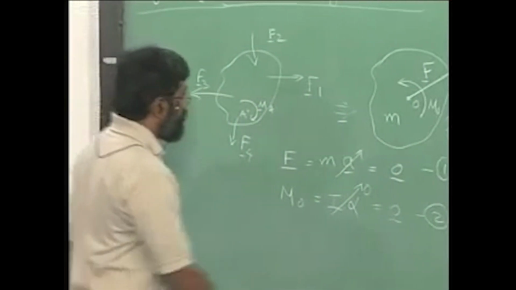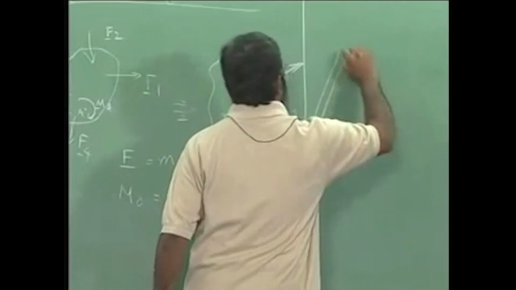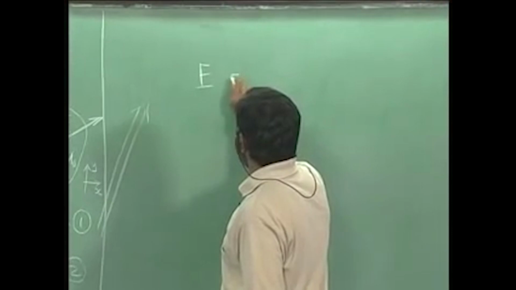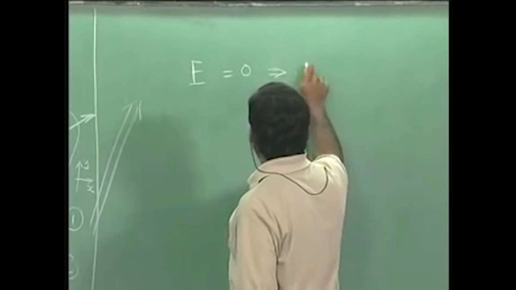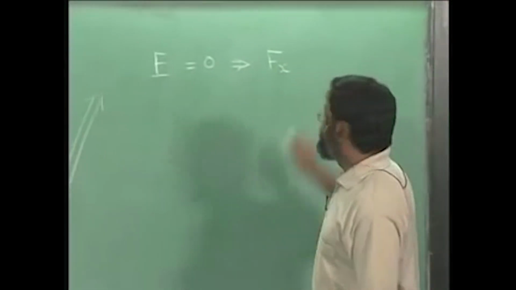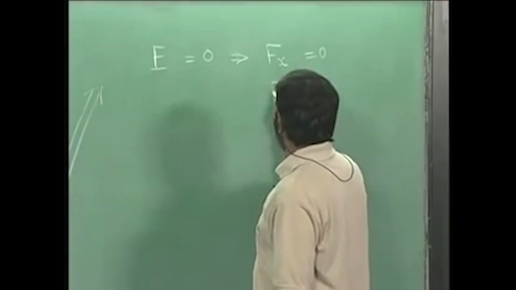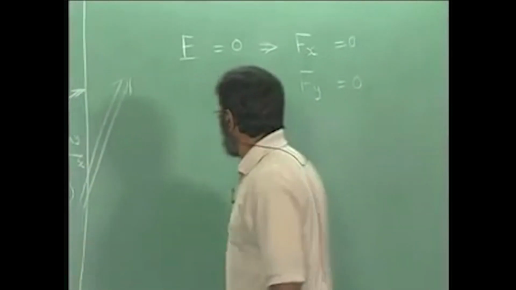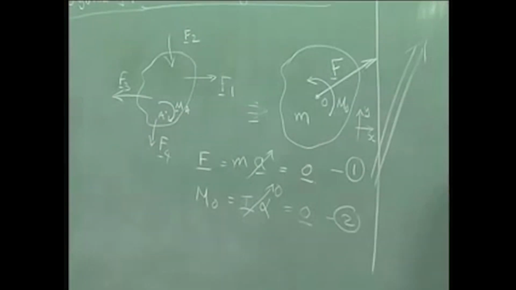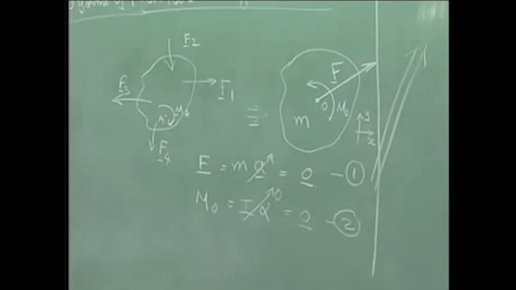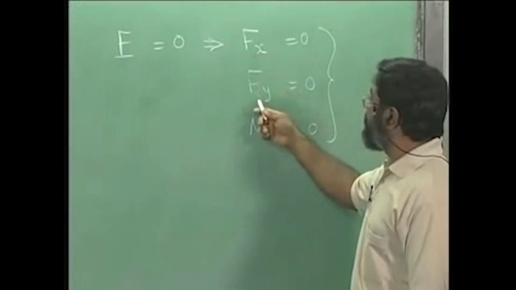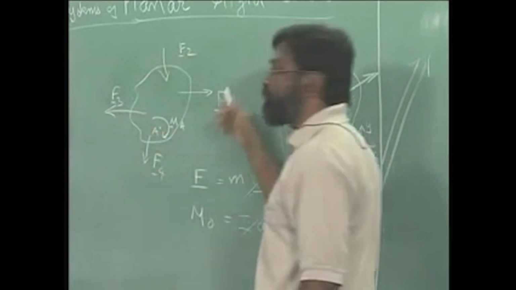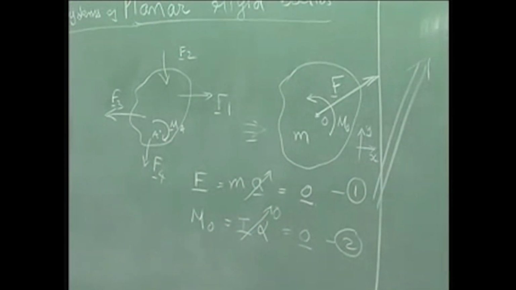And therefore this will simplify to F equals 0 implying its first component Fx equals 0, the component along y direction Fy equals 0, and the moment about O equal to 0. Fx and Fy are components of this vector F, which is a resultant of all these forces put together, which you have already seen.